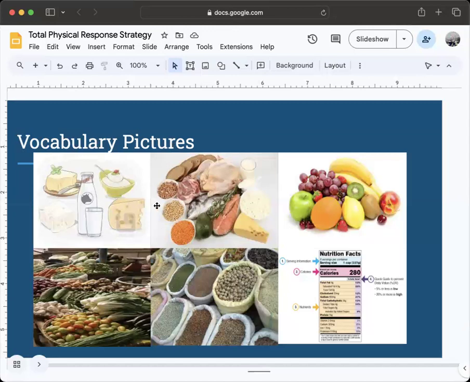For this one, the students might not understand exactly what they're trying to see. So from here, we would go to the whiteboard in the classroom and I would write down what the picture is. In this picture, since we're talking about food groups, this one would be specifically meats. So the word they're looking for in their word bank is meats.